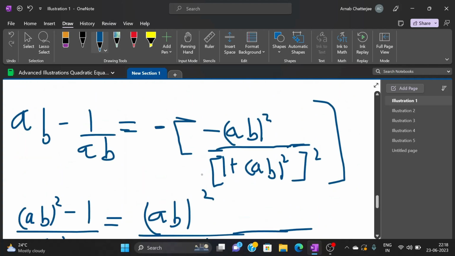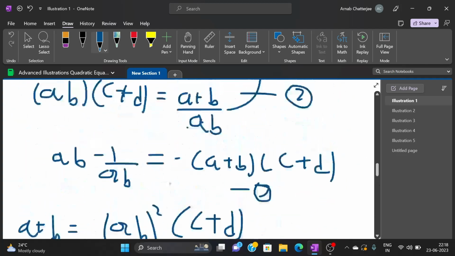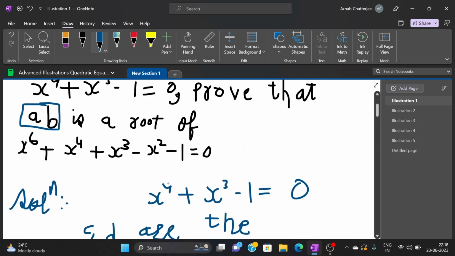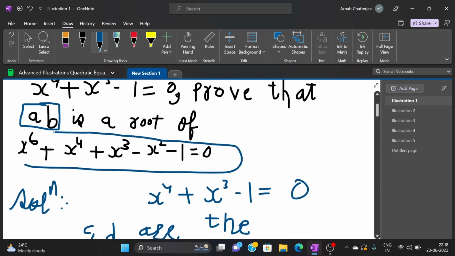And what we needed to prove is that this thing equal to 0 has a root AB.